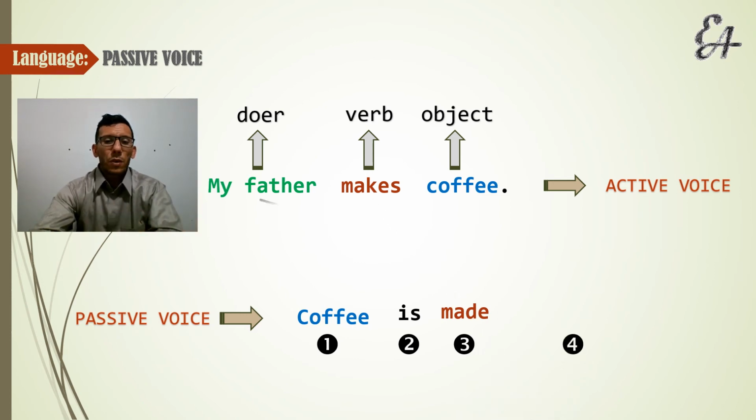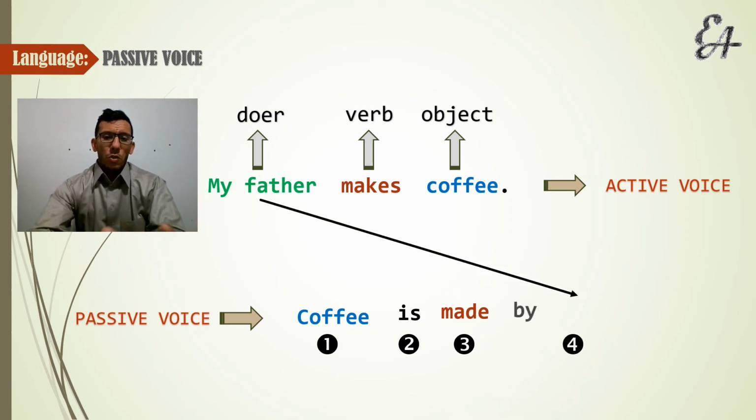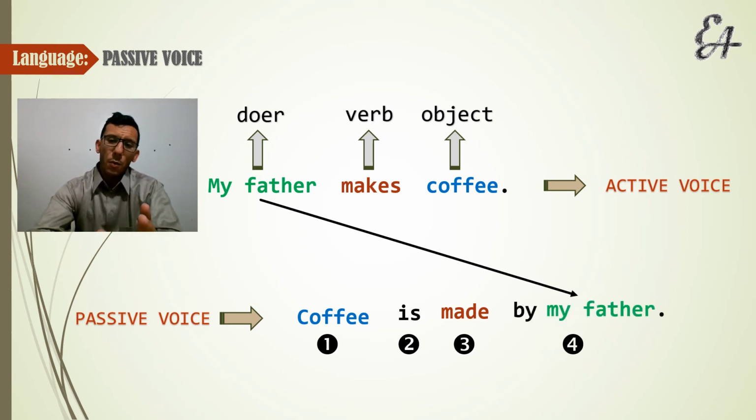Then number four, we are going to add by plus the doer. We're not going to call it the doer this time because, as you can see, coffee in the active voice was object and in the passive becomes the new subject. My father here was in the active voice the doer. Now it becomes what we call the agent.